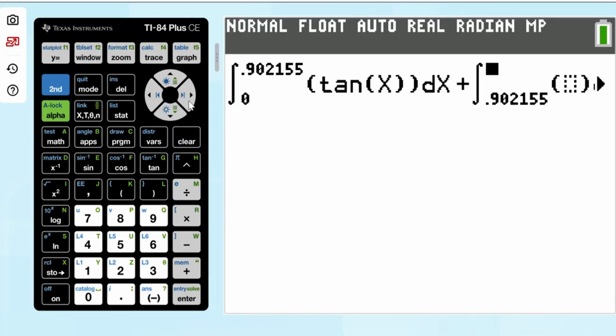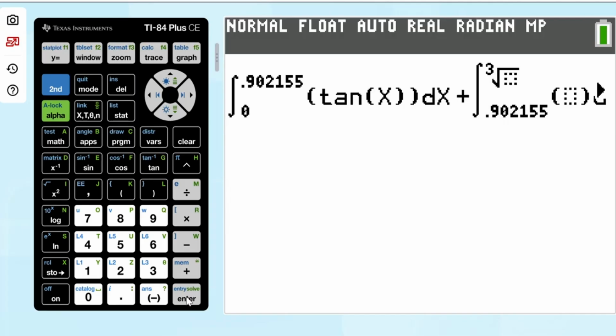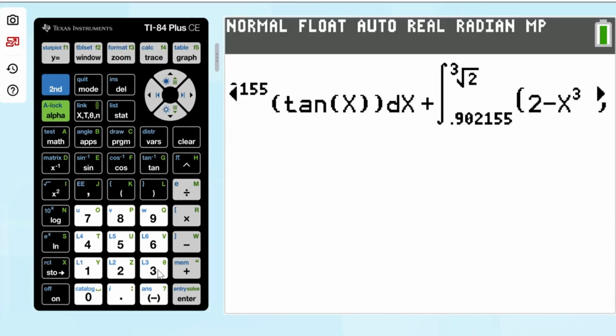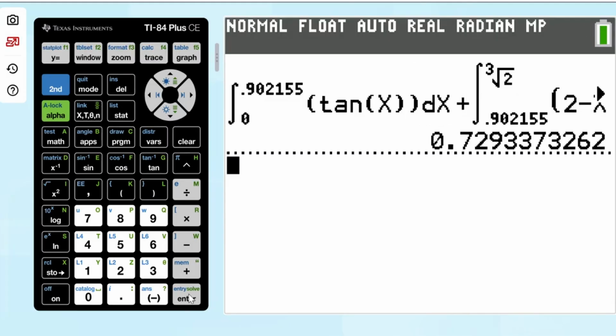We can get the cube root of 2 by hitting math and down to option number 4 for cube root. So the cube root of 2 of our other function, which was 2 minus x to the third power dx. And looks like when we add those together, we get 0.729.